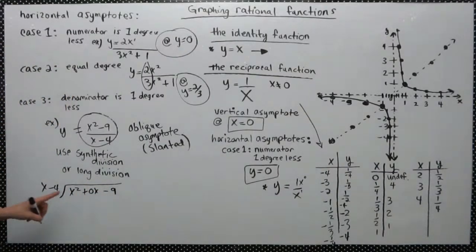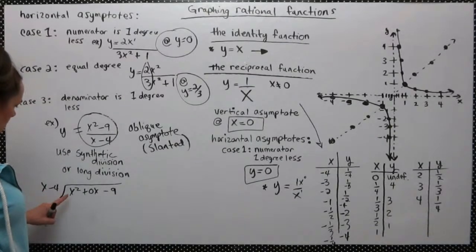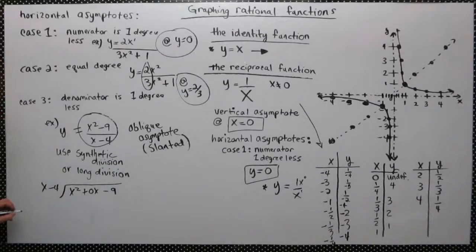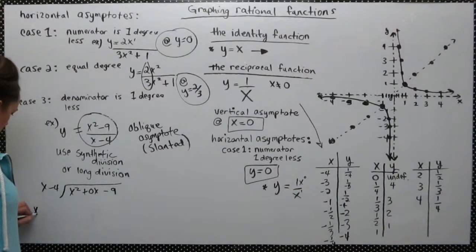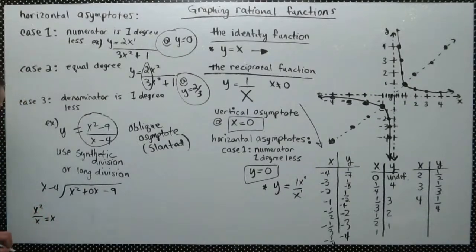So you have to put the placeholder in here. Let's see if I can remember how to do it. We'll first take x squared divided by x. That equals x.